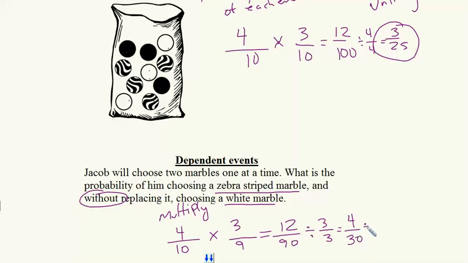I can divide 4 and 30, both of these numbers, by 2. 4 divided by 2 is 2, and 30 divided by 2 is 15. So 2/15 is the probability of choosing a zebra striped marble and, without replacing it, choosing a white marble.